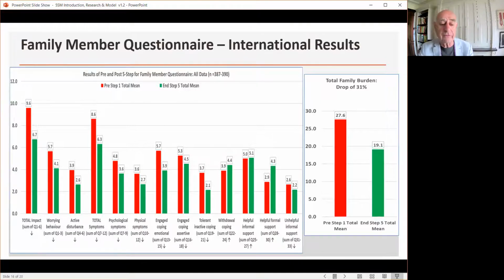And then all the way through, you can see differences in impact and different dimensions of impact, differences in symptoms and physical and psychological symptoms, differences in types of coping, where most of the types of coping reduce, but withdrawal or distance in coping increases, which is what, in a sense, we would expect after the 5-step method, and that different forms of support increase, helpful support increases, and unhelpful support decreases. So these are all the things that we're looking for, and these results show them.